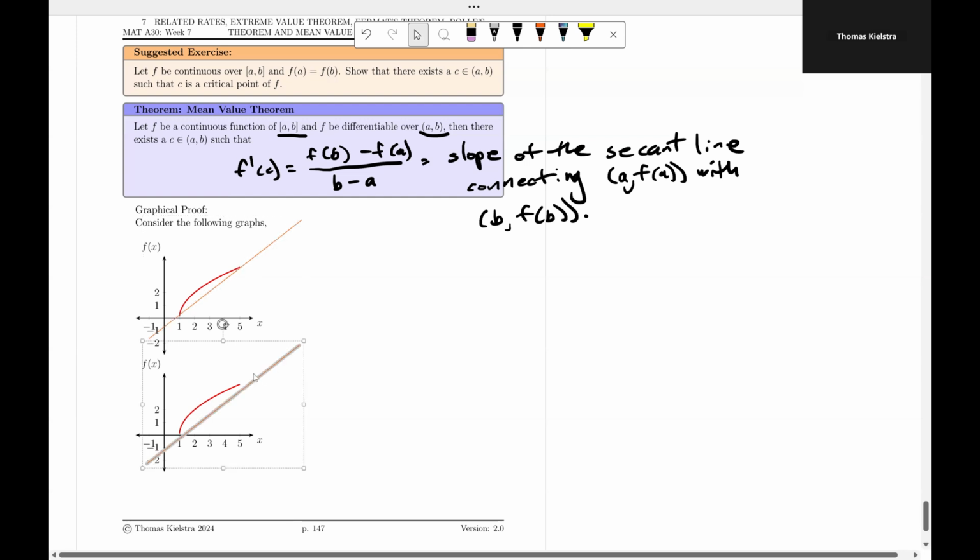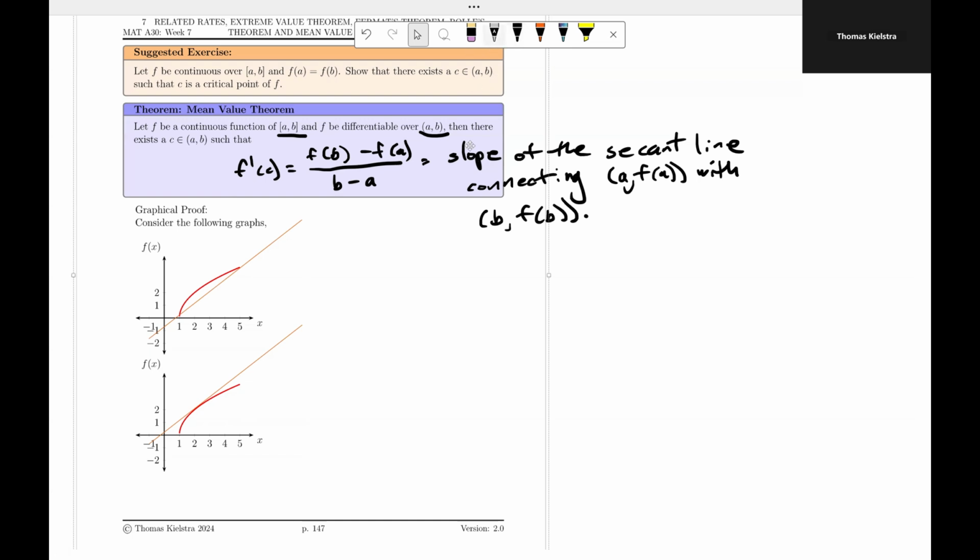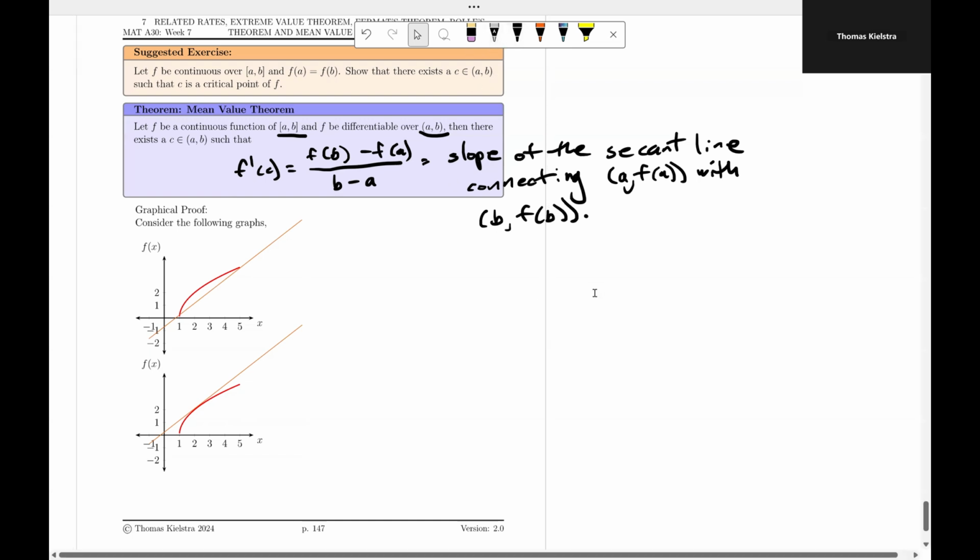Now with this secant line, if I move it up right there, it's the tangent line at this point. So it's the same line with the same slope, but at an interior value. This is actually much more powerful than we might think it is. But what's the geometric argument here?